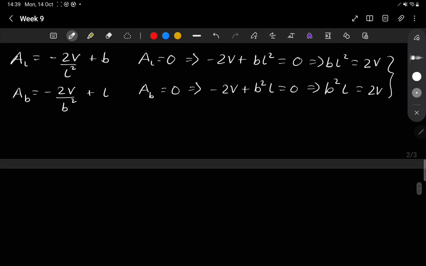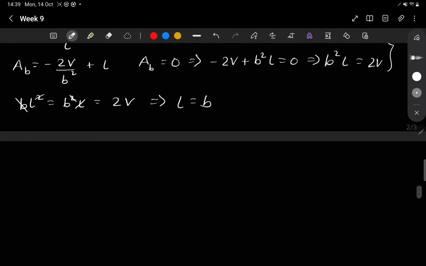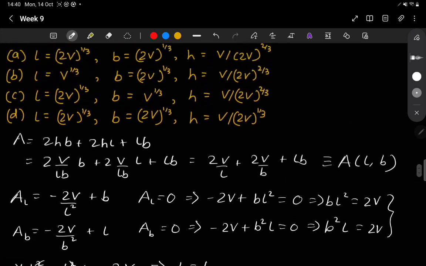From these conditions we can find out some things. So we have BL squared equals B squared L, which is equal to 2V. This gives us L equals B, because you cancel out one B from here and one L from here. And BL squared equals 2V, which implies L equals B. So L cubed equals 2V, which implies L is equal to (2V) to the power 1 over 3, which is also the same as B.